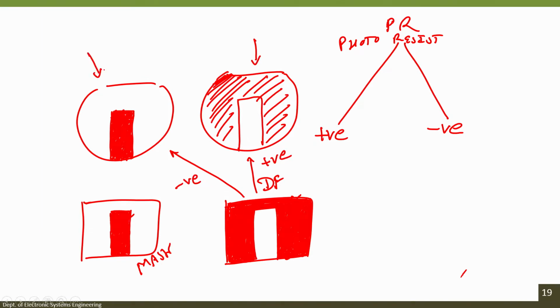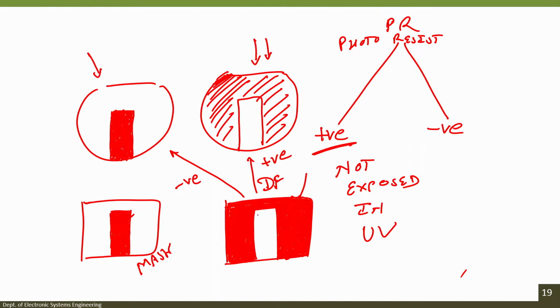Now, you see what is happening. In the case of positive photoresist, the area which is not exposed to ultraviolet light will get stronger, and that is why you are getting this wafer, because the area in this particular dark field mask, the red one, is not exposed, and the transparent one is exposed.